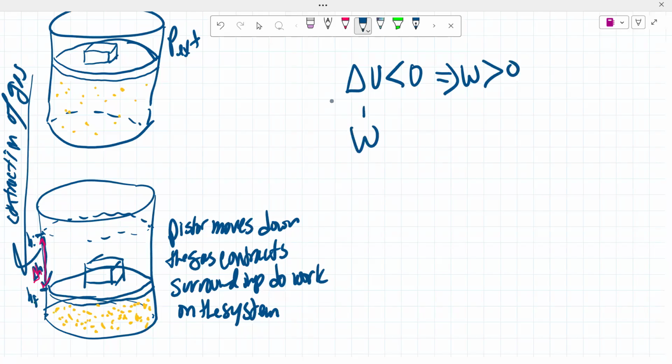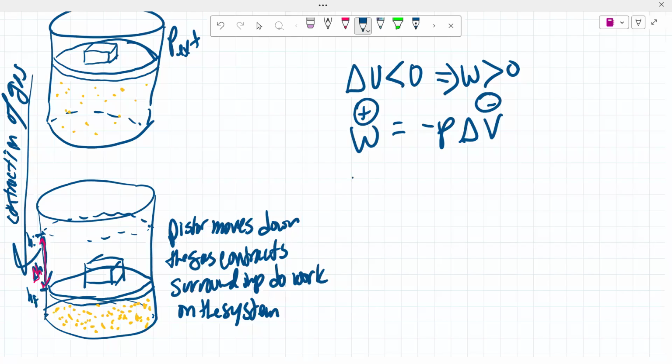The work now is going to have a positive sign, equals negative P delta V, which we now expect has a negative sign because the volume got squished. So if delta V is negative, then the work becomes positive because of the negative times the negative. This negative comes in the formula, and this negative comes from the value that is plugged in.